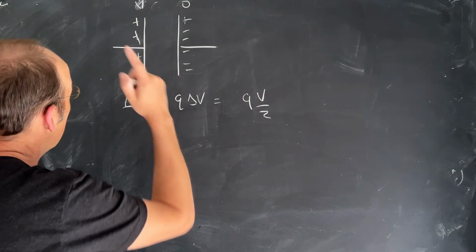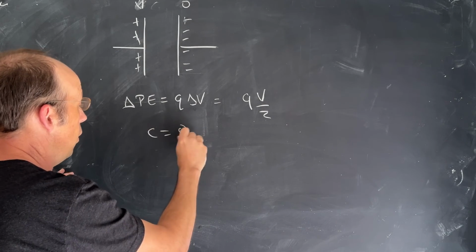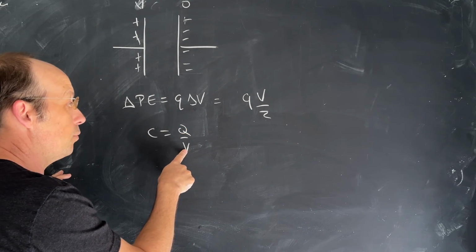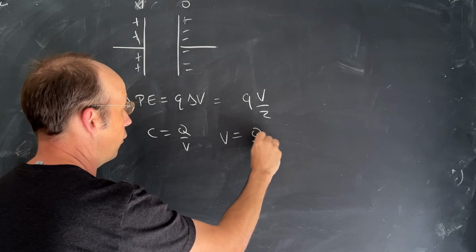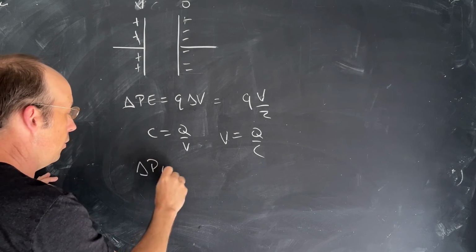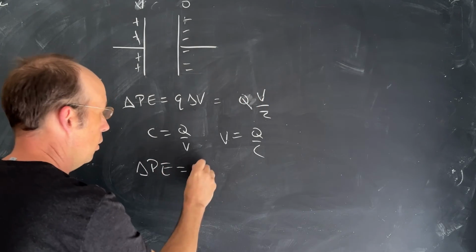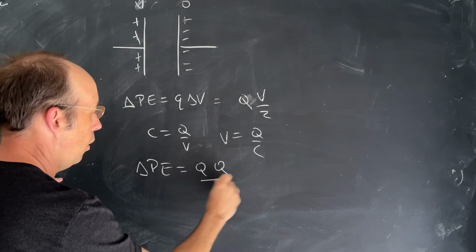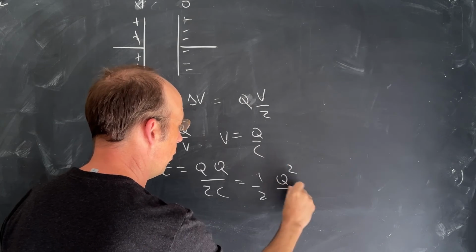And from the capacitor, I can say C is Q over V. If I want to replace the V, V is Q over C. Plugging that in, I get the change in potential energy is going to be Q squared over 2C, or 1/2 Q squared over C.